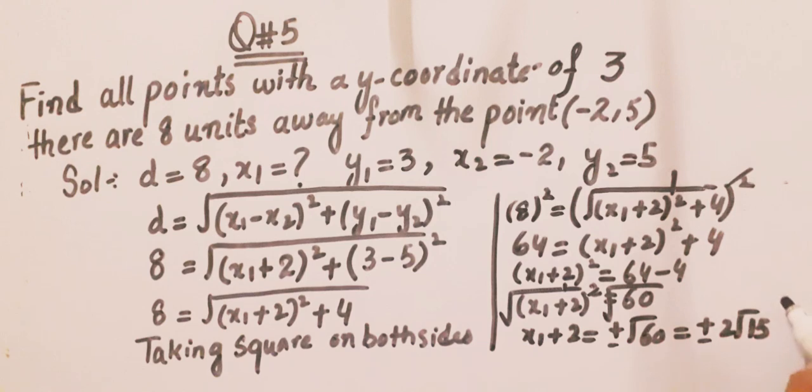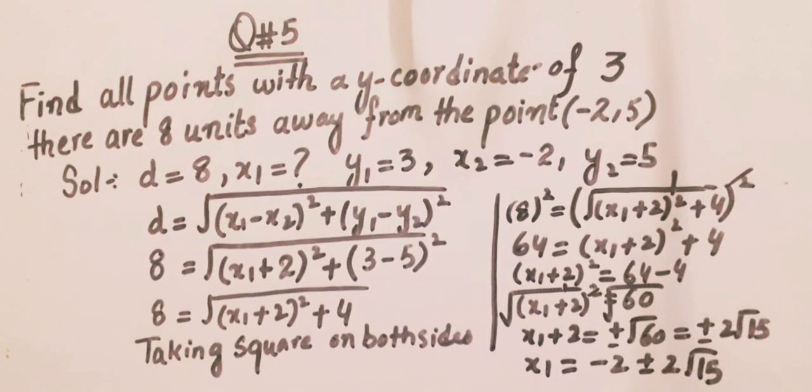By taking LCM you can solve this. So x1 is equal to minus 2 plus minus 2 square root of 15. So this is the required point, minus 2 plus minus 2 square root of 15.